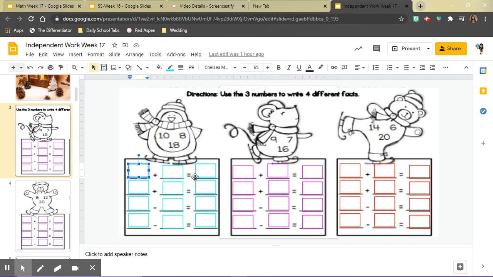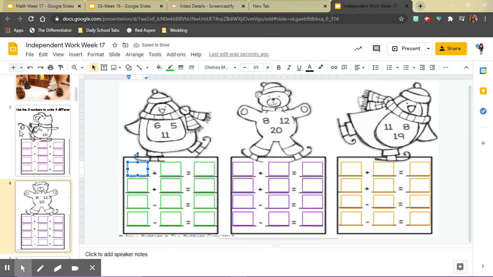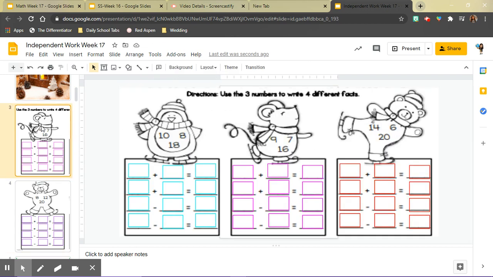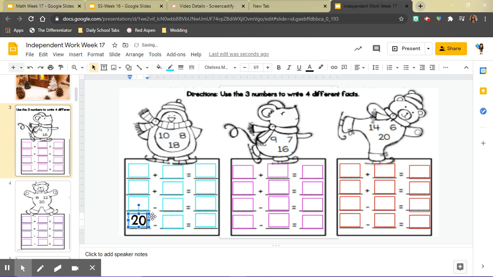Double click and type in the number. And then it's the same for all of them. Just double click and type in the number. Remember, with fact families, you won't have any sneaky new numbers. So if you're working and we have 10, 18, and 8, and down here out of nowhere you have 20, you think, that's not in our fact family. Go back up and look.